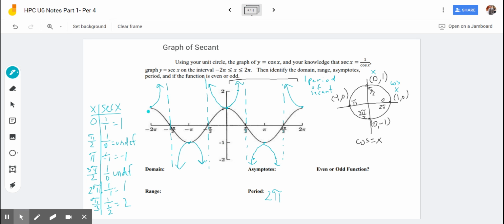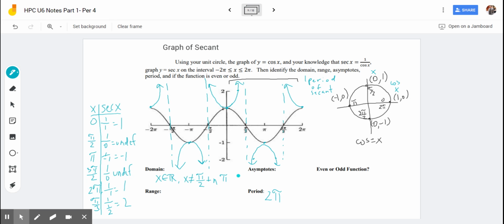Okay. Our domain is all real numbers except x can't equal pi over 2 plus n pi, right? So we saw that our first asymptote was at pi over 2 radians, and then if you add another pi or you subtracted pi from it, you're going to get the next radian for the parent function of secant.